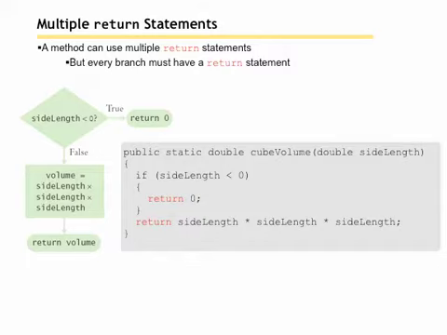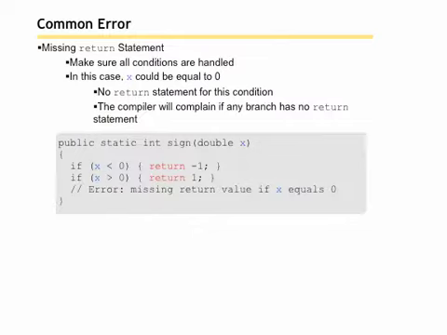If it's not less than 0, we're going to return side length times side length times side length. Notice that we don't have an else in this gray triangle because the return statement that's inside the if statement will immediately terminate the cubeVolume method. And so it won't get to return side length times side length times side length unless side length is greater than or equal to 0.